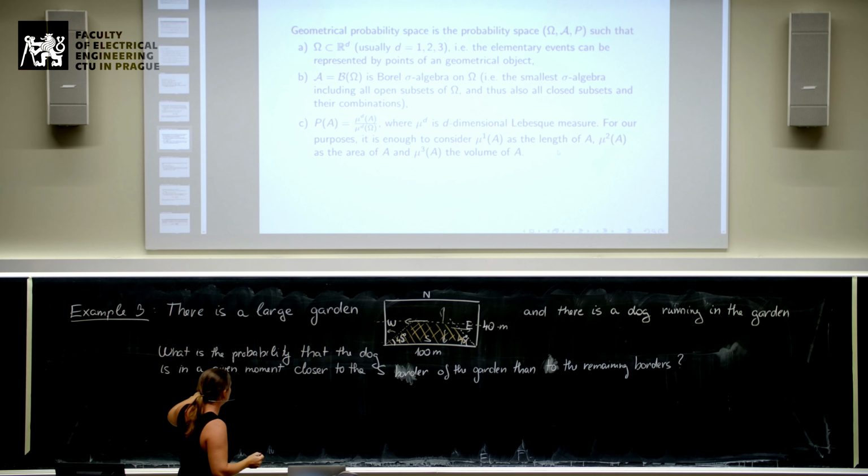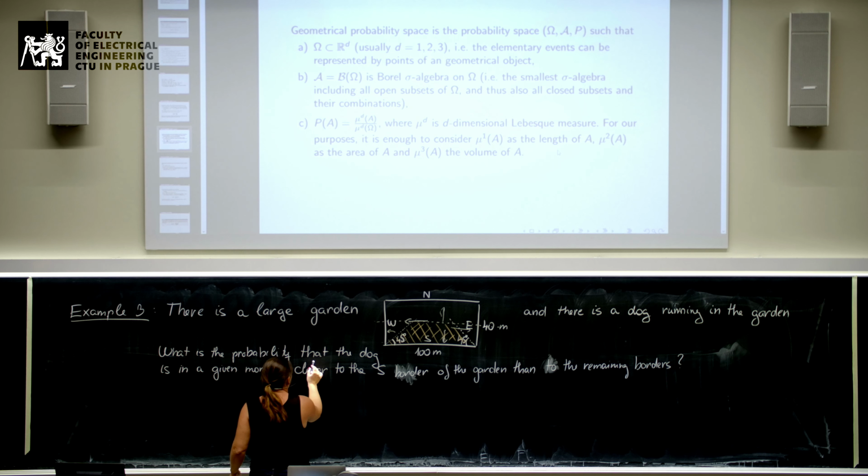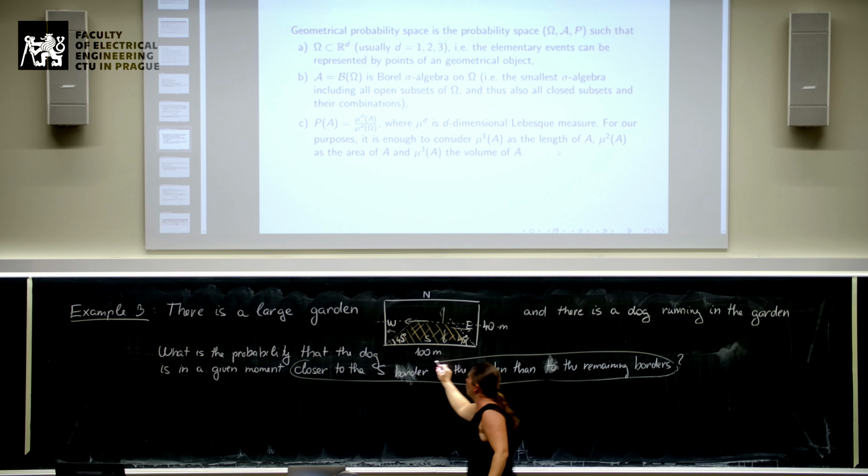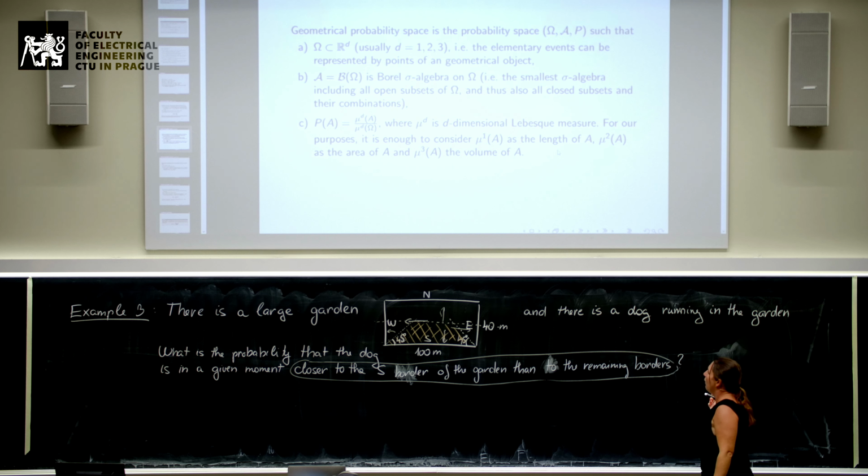Let's call this event M. So we will calculate the region M, and it can be calculated, let's say, as the sum of areas of this triangle and this rectangle.